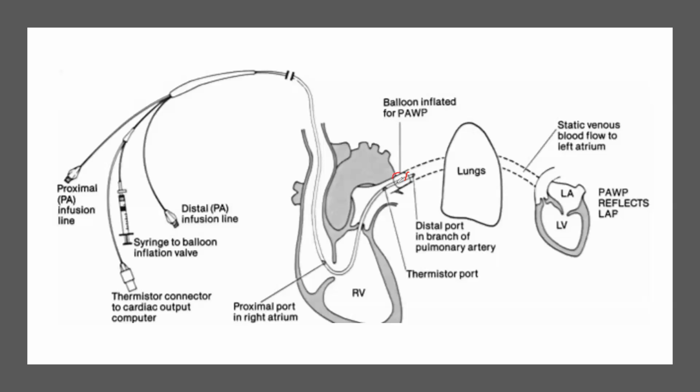And when we occlude this artery, we're therefore able to measure left atrial and ventricular pressures. All right, I'm now going to pause to see if you have any questions as far as this is concerned, because this is the basis of why we do insert a pulmonary artery catheter.